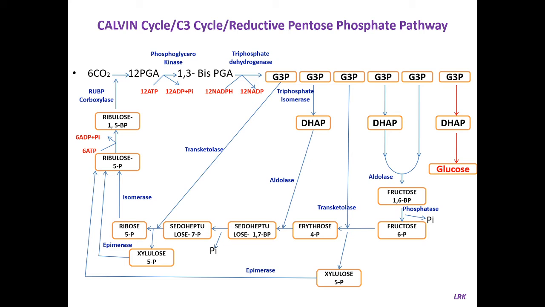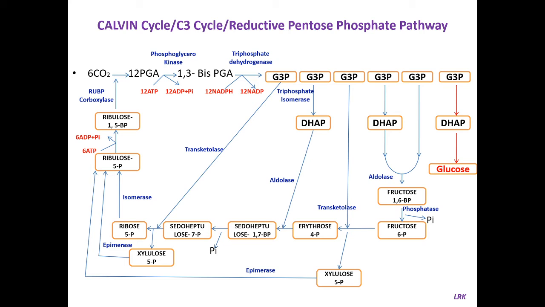Until 1965, it was thought that all green plants fix carbon dioxide through this Calvin cycle. But in 1965, Kortschak, Hart, and Burr found that when sugarcane leaves were fed with radioactive carbon dioxide, most of the labeled carbon appeared in malic acid and aspartic acid. These results were confirmed later by Hatch and Slack.